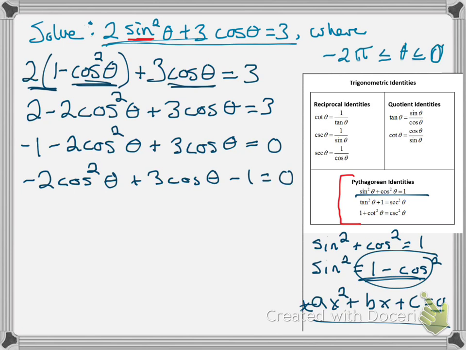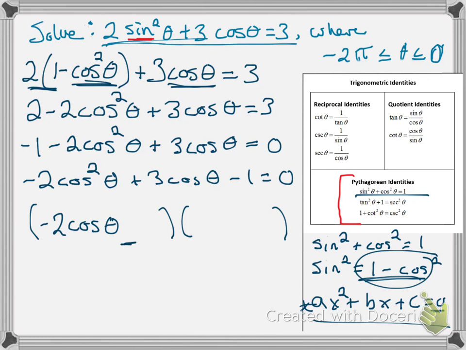Okay, so at this point, now I know that I can either factor this or use the quadratic formula. Fortunately, we can factor this thing. So I know that I have to have a negative 2 cosine out front. All right, and I'll kind of write in the shell here. Now, to use a little bit of strategy, I know that my middle term has to be positive, and I know that my end term has to be negative.